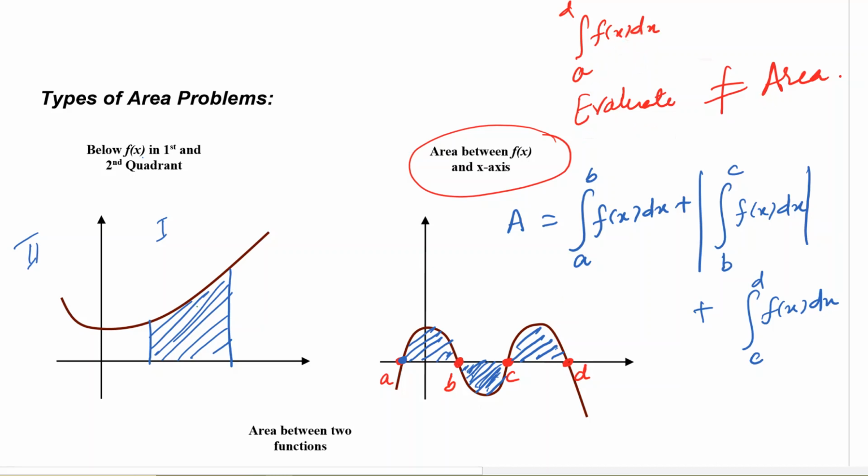But if you are interested in the total area, you need to evaluate all the definite integrals from a to b, b to c, c to d separately, and then add the magnitude of those areas together. Because if you have a curve under the x-axis, that integral is going to be negative in the end. That's why we have to add all the absolute values together.